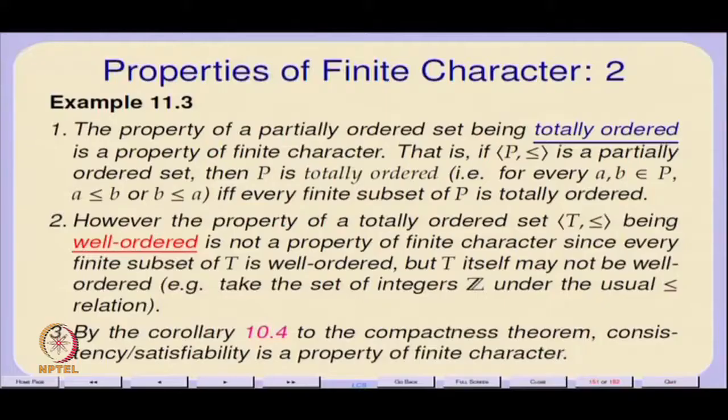Yeah. Okay, and other kinds of properties of finite character that you can encounter in mathematics, as I said, were questions like tiling of an infinite plane and k colorability of an infinite graph. k colorability is a property of finite character, and there is a theorem in the theory of infinite graphs which says that an infinite graph is k colorable if and only if all finite subgraphs of it are k colorable.